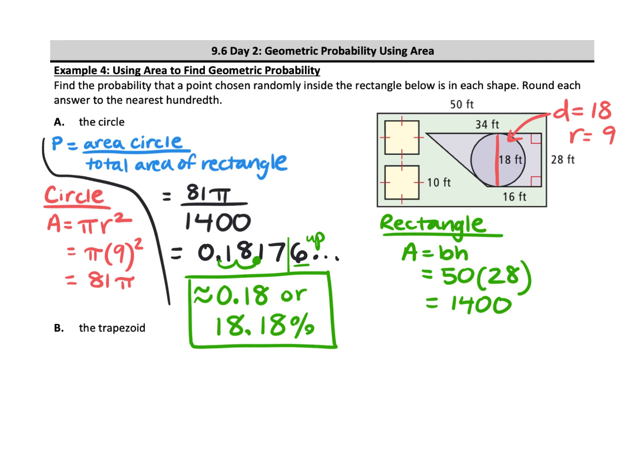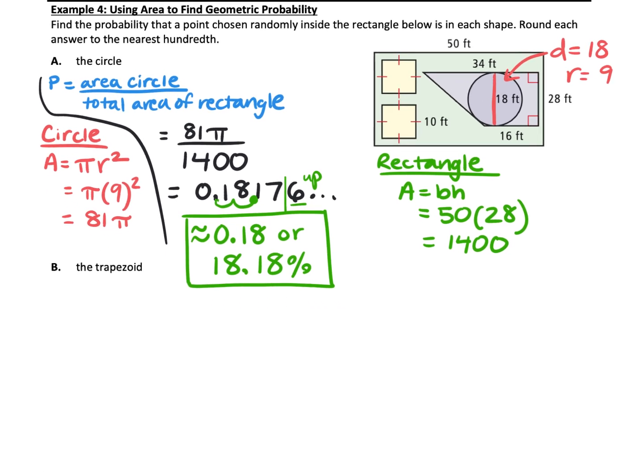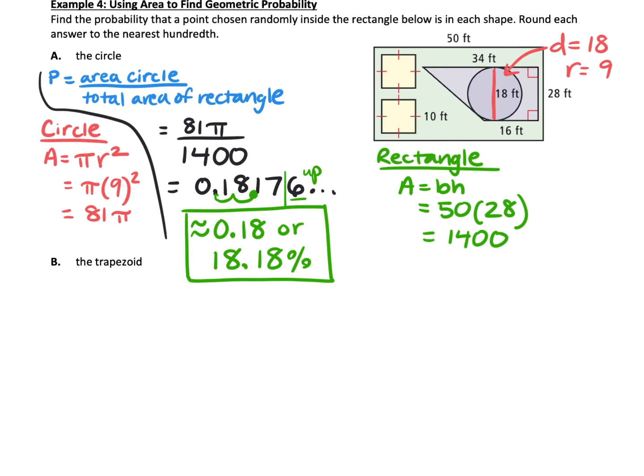For part B, we're going to use the same figure, but this time we want to find the probability that our randomly chosen point is inside the trapezoid. So the first thing I'm going to do is calculate the area of the trapezoid. Look at your formula sheet for the area of a trapezoid, and you'll see that it's A equals 1/2 (B1 plus B2) times the height. The bases are the parallel sides, so B1 and B2 are 34 and 16.